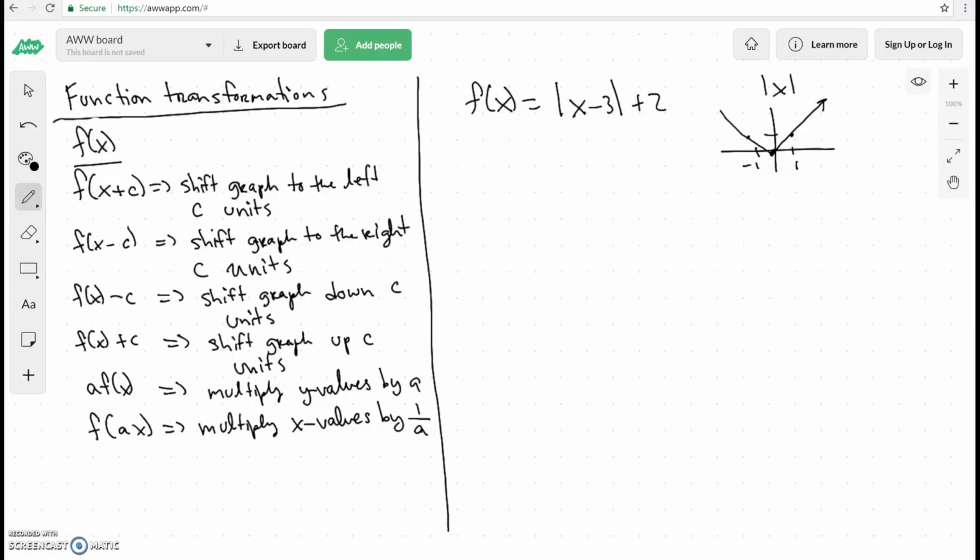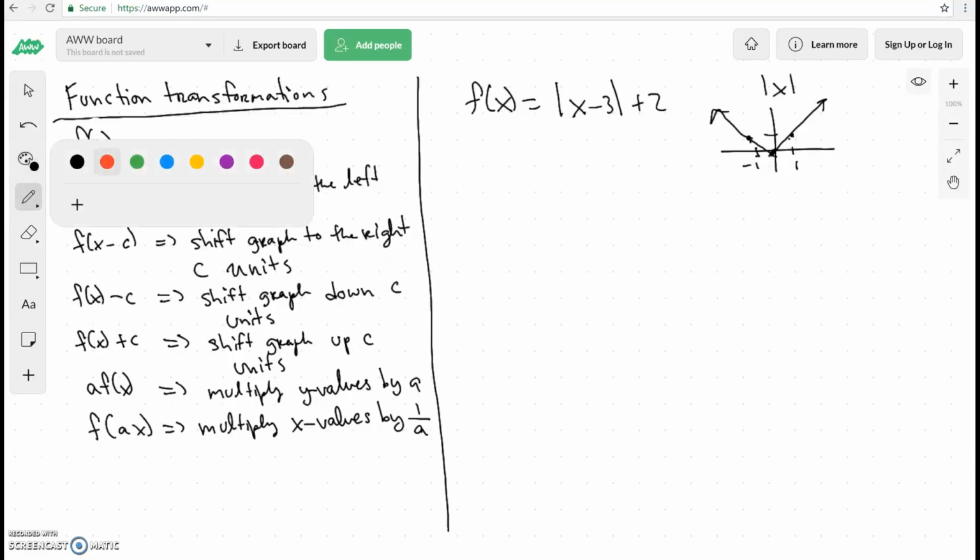So when x equals 0, the absolute value of 0 is just 0. Absolute value of 1 is just 1. Absolute value of negative 1 is just 1. So you can plug in some random points to get some values. After that, I'm going to use these 3 points to help me transform my entire function.